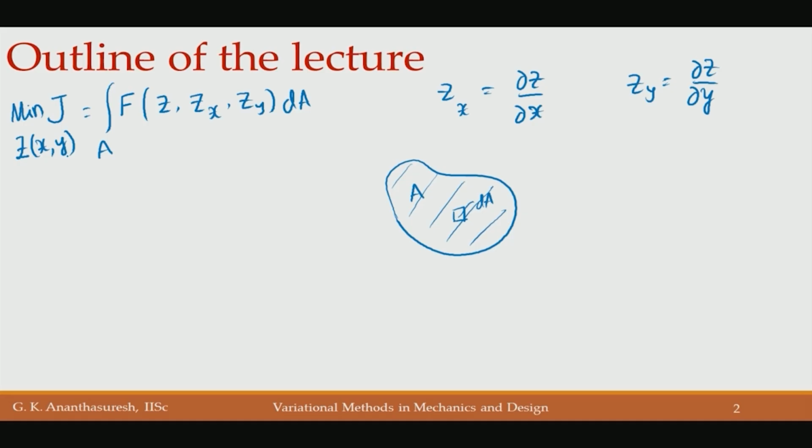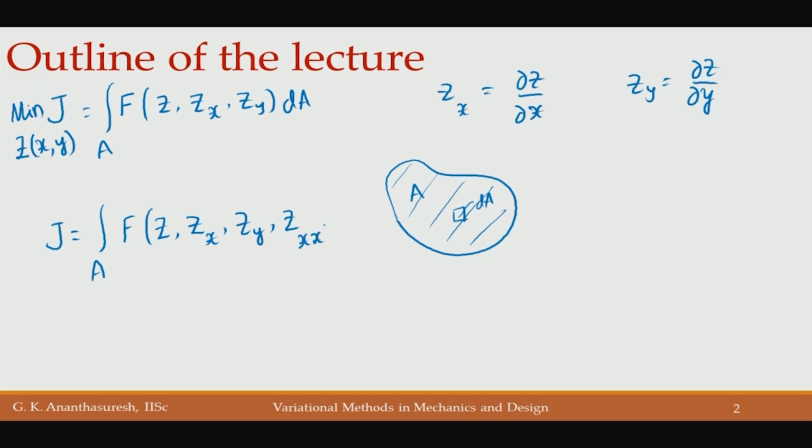We discussed that and the boundary conditions in the last lecture. Today we will do a problem that uses that, and we will also consider a case where our functional, again another J, depends not only on zx and zy, but also on zxx.